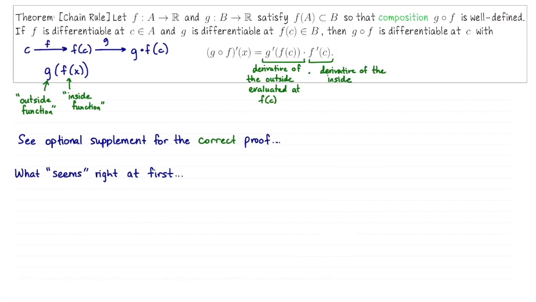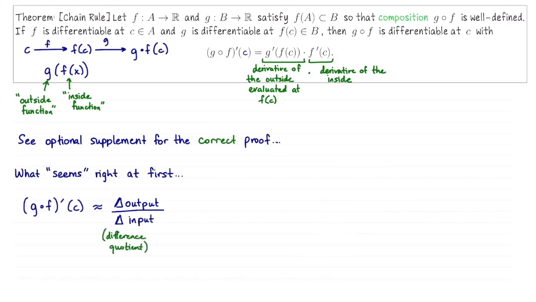Okay, but let's just imagine that we're trying to prove the chain rule for the first time and we're just brainstorming. So what would we do? Let's write down an expression that intuitively feels like it should give us the derivative of the composition g of f at c. I'm not going to take a limit here, partly to save room. So let me say that this is approximately a change in outputs over a change in inputs, where we'll write down the difference quotient, but without a limit.